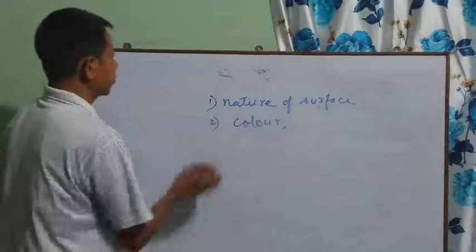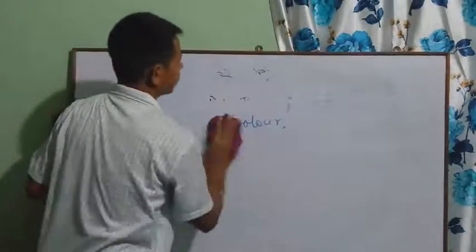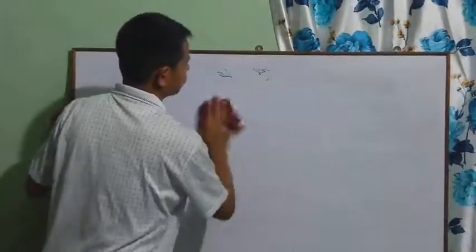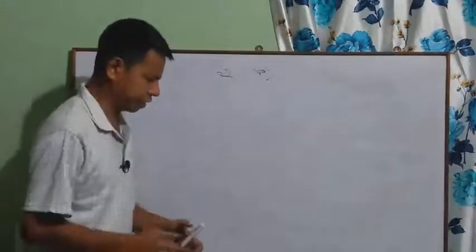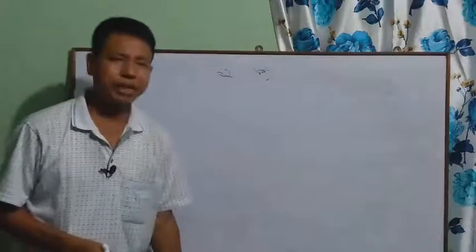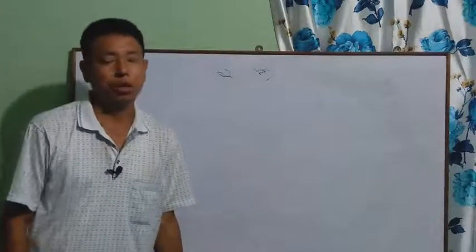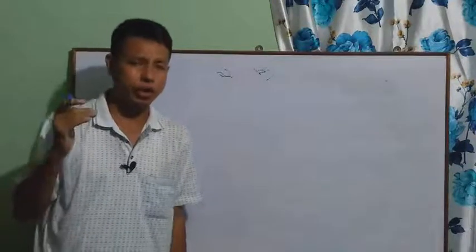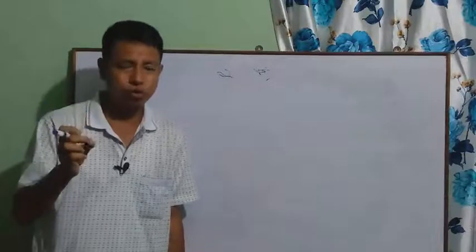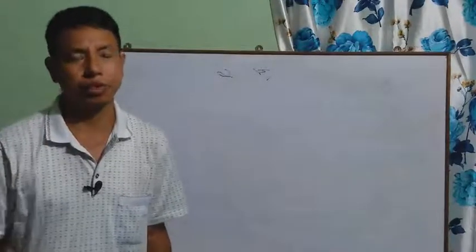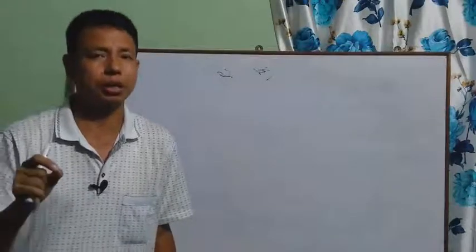Next, some applications of radiation. Number one, during summer or in desert areas, in the Middle East countries where it is very hot, people tend to wear lighter color clothes.